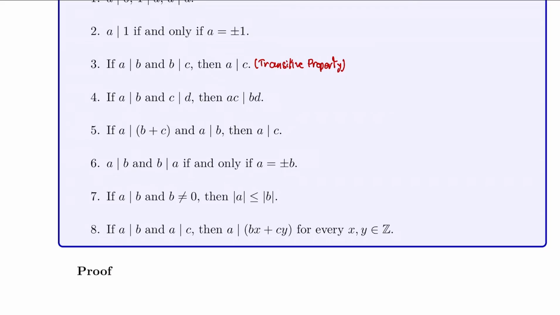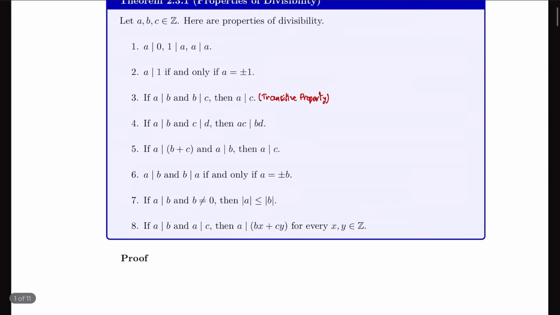And number 8: if a divides b and a divides c, then a divides bx plus cy for every integer x and y. Okay, so now let's take a look at the proof of all of these properties.